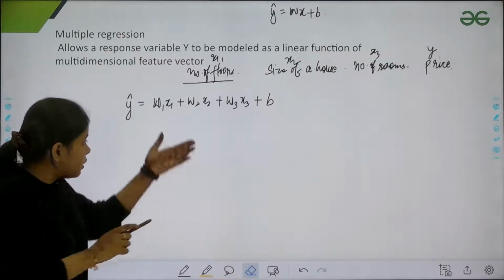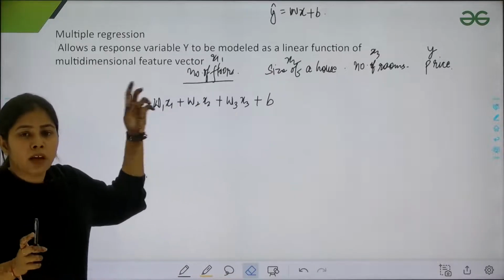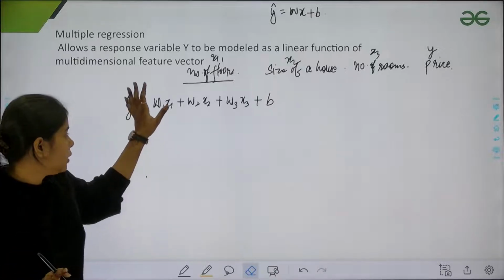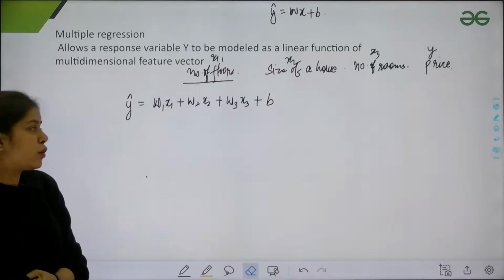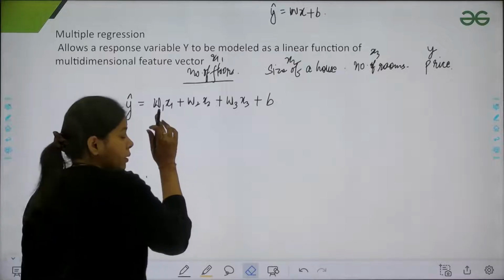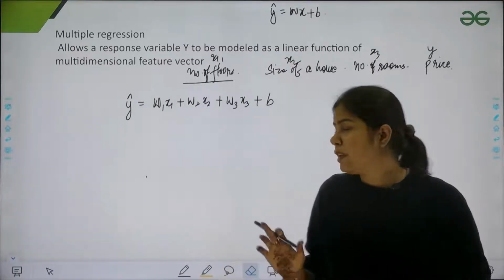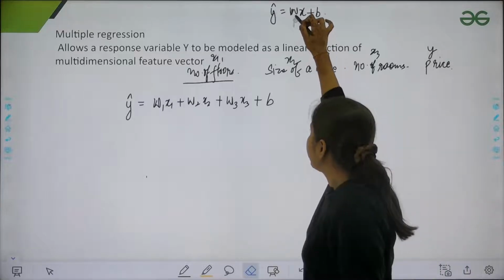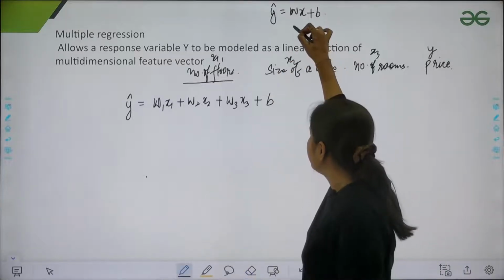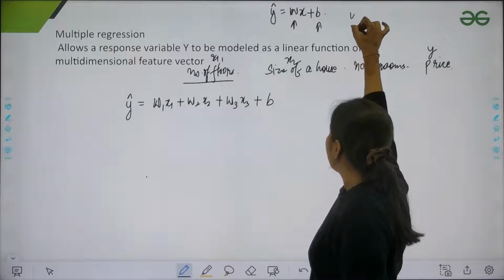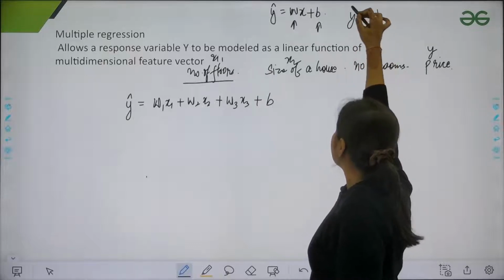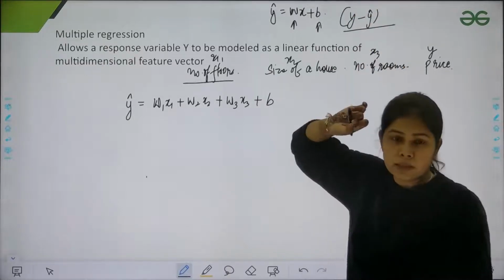Now, to find this plane and minimize the error, what do I have to find out? In the previous case of simple linear regression, I had to find a value for W and b such that y minus y cap is minimized.